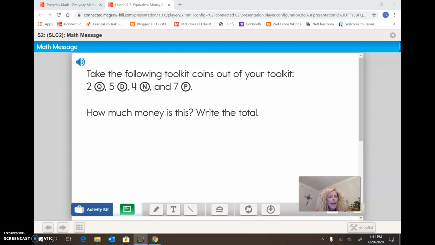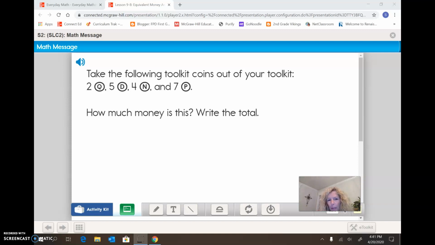Okay, now let's try how many pennies are in $1. How many pennies would it take to make $1? Did you say 100? Right. What about $2? How many pennies in $2? It would be 200. Okay, what about $10? Think about that one for a minute.